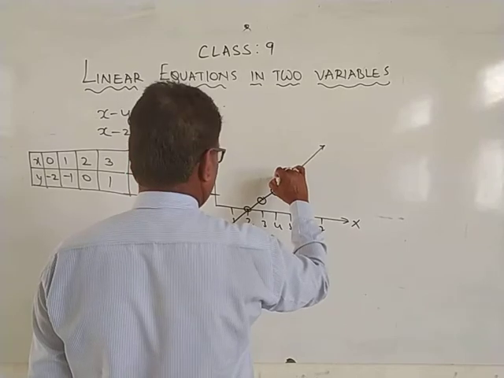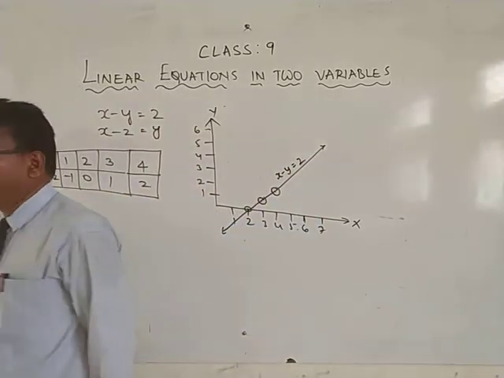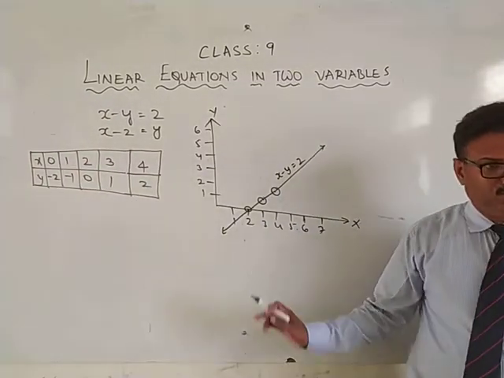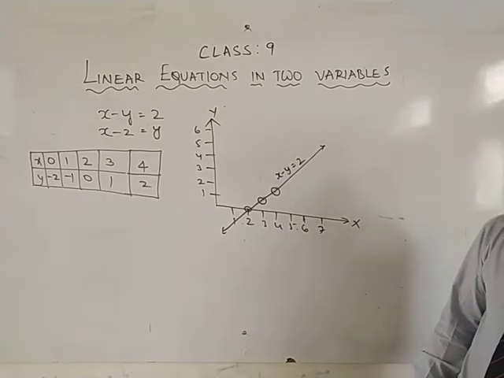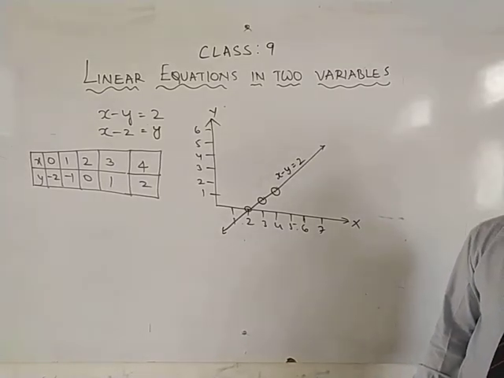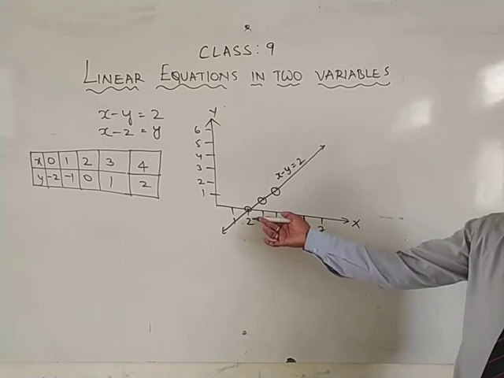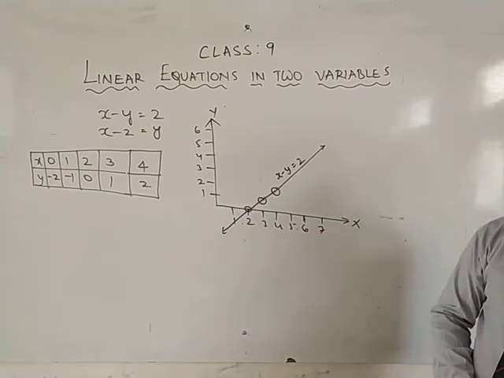Therefore, it is nothing but x minus y equal to 2. If you take the scale properly, you will get a correct straight line only.